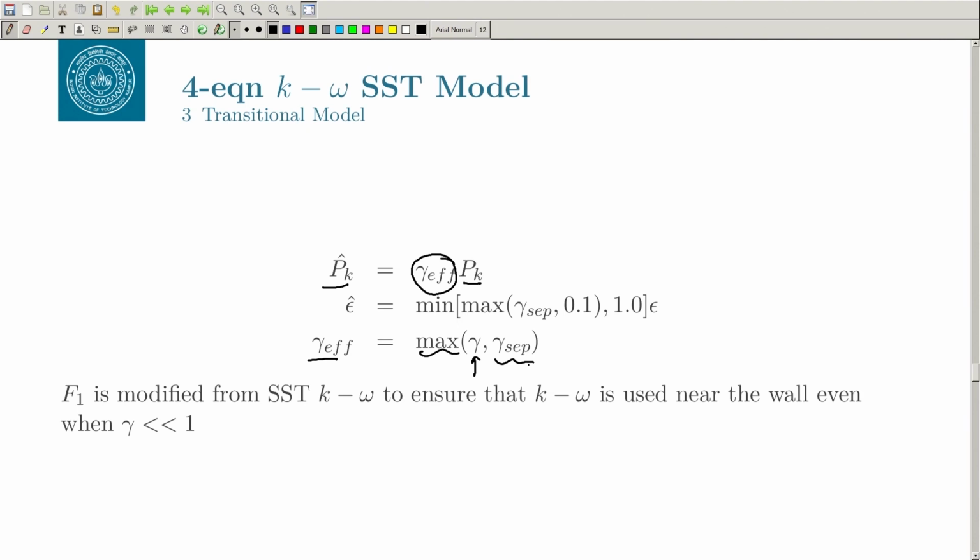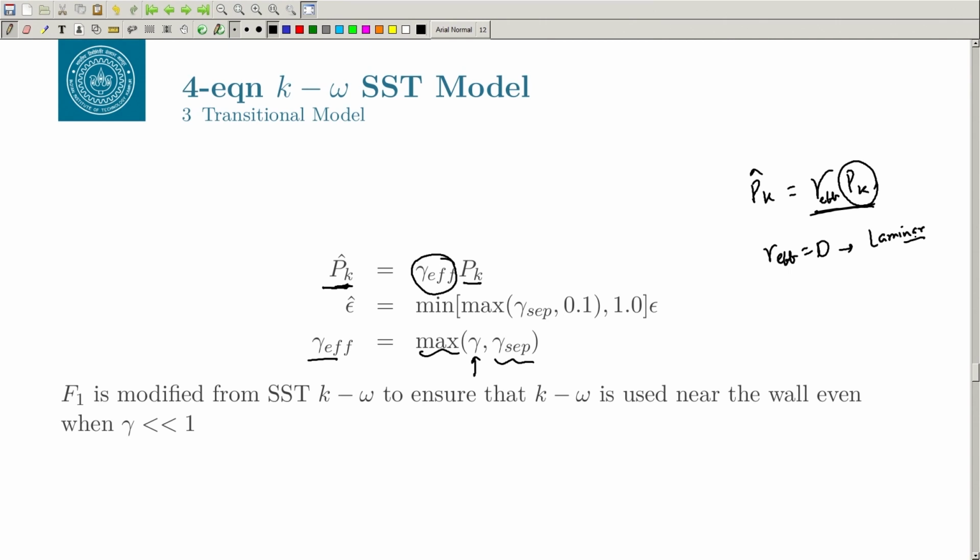So, what we are seeing here is that my production of kinetic energy is no longer just dictated by the turbulence model; there is a term which multiplies it, which basically controls the production of the turbulence kinetic energy. Let us say gamma effective is equal to 0. That is a laminar flow.